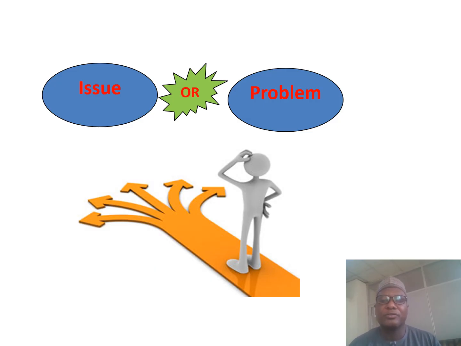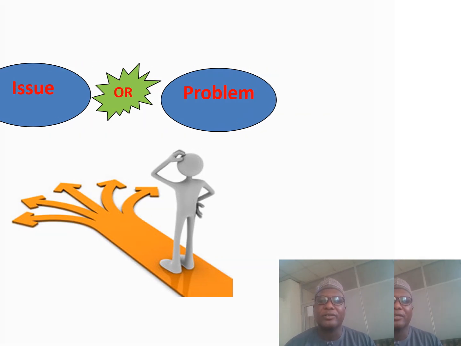At the beginning of the research, a student or a candidate is always confused about what he is going to start with. Is he going to start with the issue or with the problem? This makes a researcher always confused at the beginning.